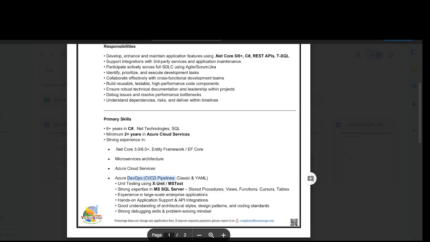So the first one, C sharp. What is C sharp? What is .NET? So .NET and C sharp, these are the language of the city. If you are in Bengal, people speak in Bengali. You are in Bihar, you are speaking in Hindi.